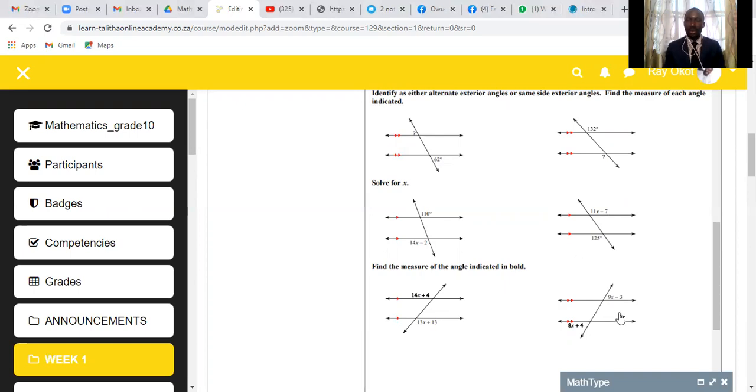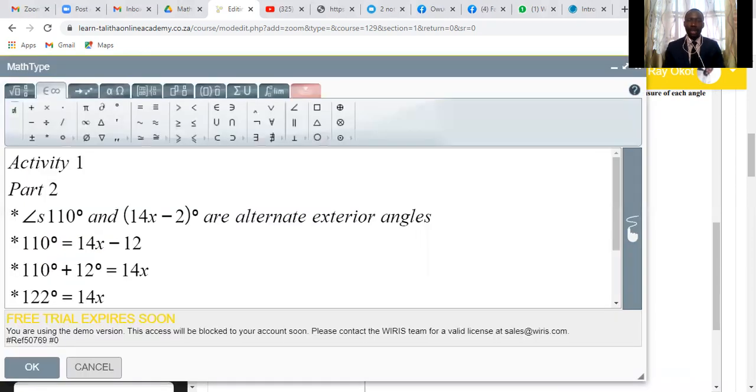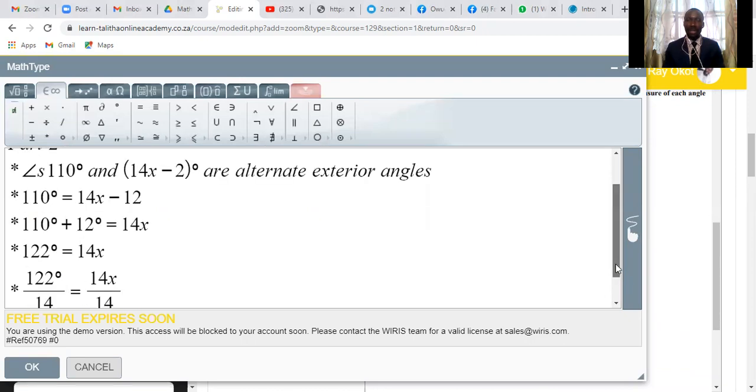So this is now activity 1, part 2. Well, this was part 1, this is part 2. There we go. So we are now talking about two angles, and what are they? 125.